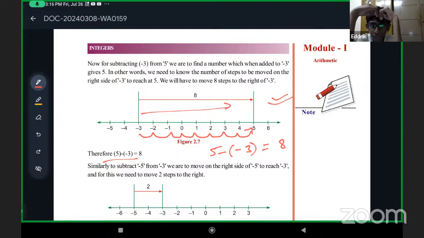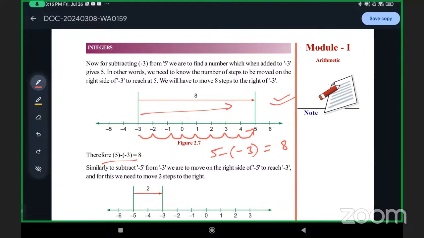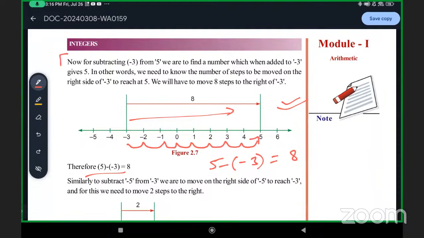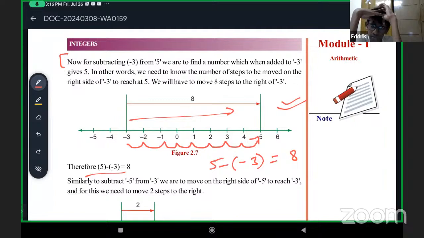And on the number line, you can show it like this. Ma'am, I still don't get it, ma'am. You still don't get it? See, read this. We're subtracting -3 from 5. We have to find a number which, when added to -3, gives 5.